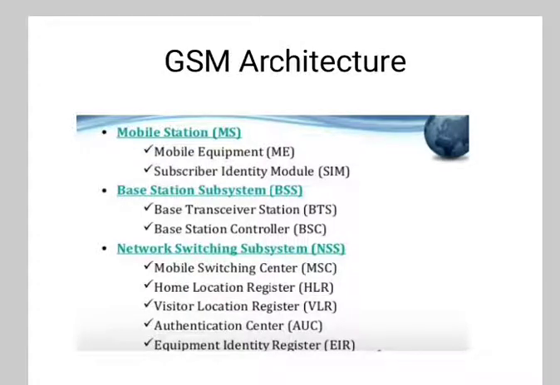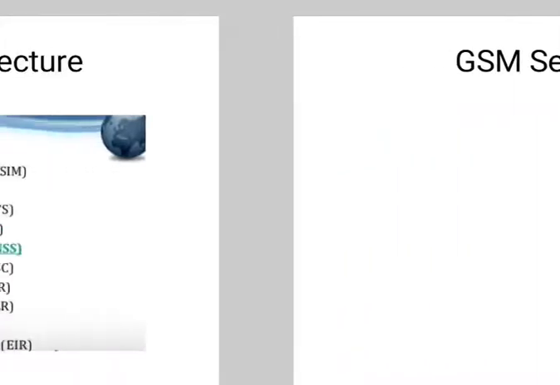GSM architecture. The GSM architecture consists of various functional entities and three main subsystems. These three subsystems are BSS, that is base station subsystem, mobile station, and network and switching subsystem.